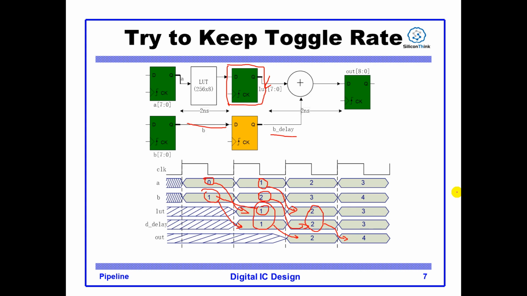So in this circuit, you can see the maximum frequency is still 500 MHz and the efficiency is 100%. So we'll yield the throughput of 500 megabit, which is double of the initial circuit.